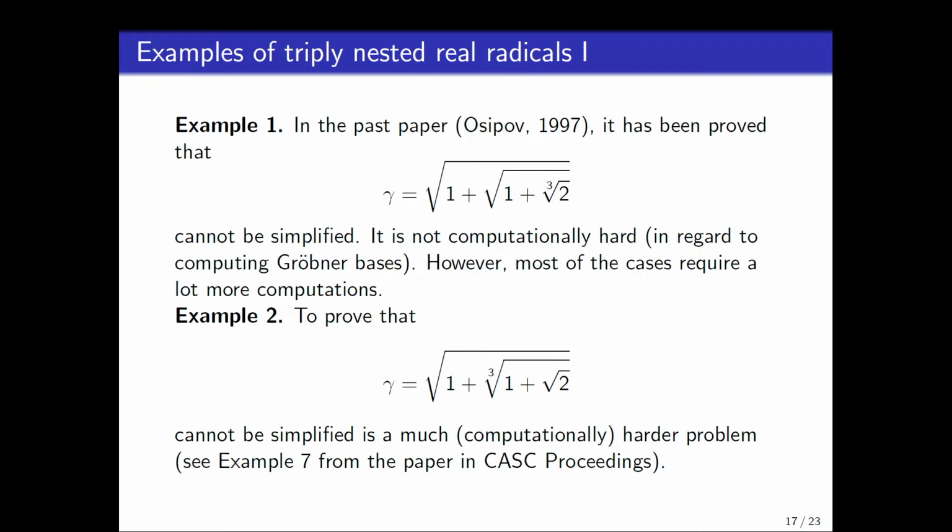So it will be possible to decrease the nesting depth for some special cases. The first example here states that it is possible to prove that this radical gamma cannot be simplified. And the proof is quite algorithmic, and it is not computationally hard.